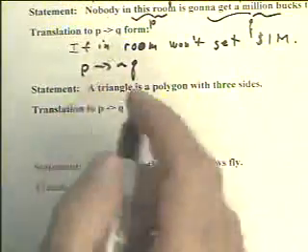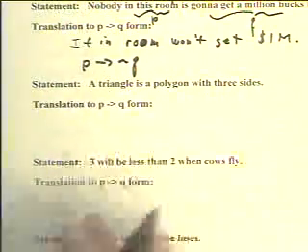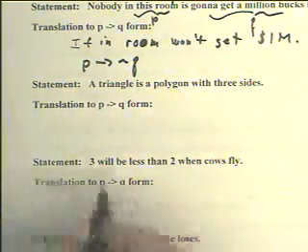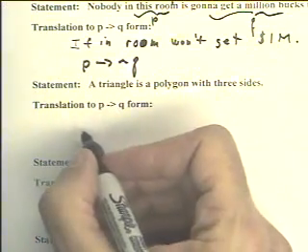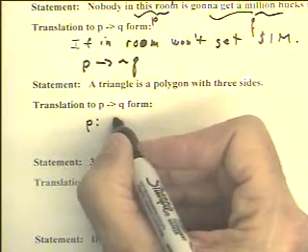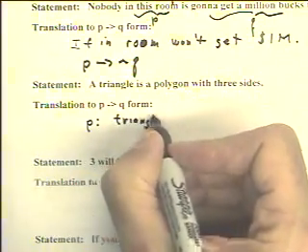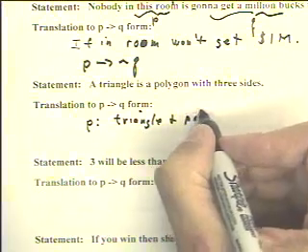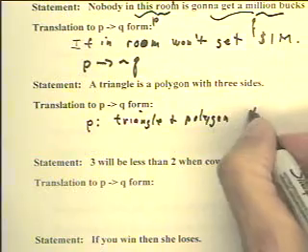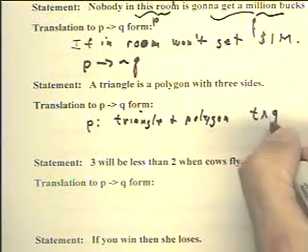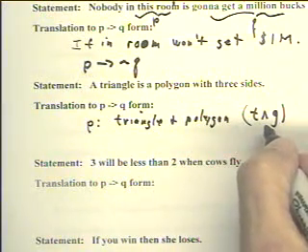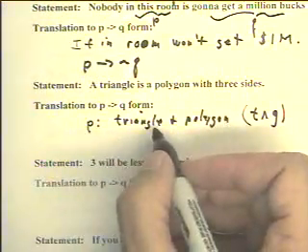Okay, statement. A triangle is a polygon with 3 sides. How do we make that an if P then Q? Well, actually Q is going to be a compound statement.